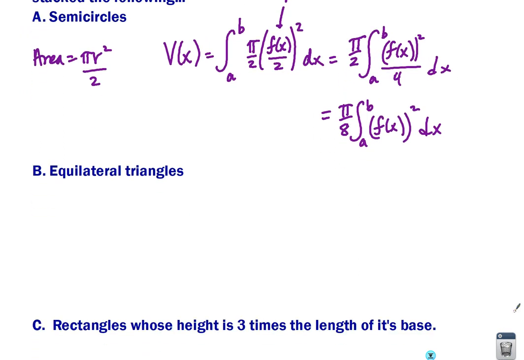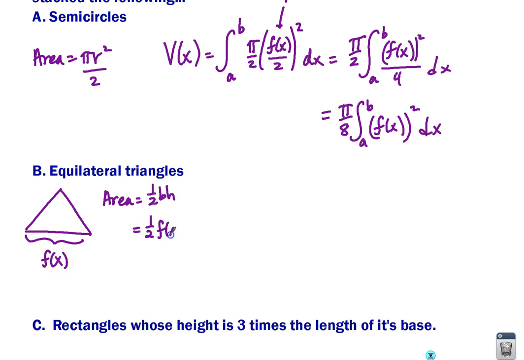What we know so far is that the base, this distance, is f of x. Now, let's talk about the area of a triangle in general. The area of a triangle is 1/2 base times height. So the base in this case is now f of x, so 1/2 f of x.